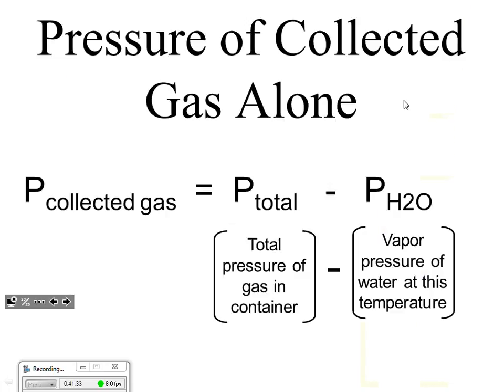So if I manipulate my equation, my total pressure minus my vapor pressure of water will give me the pressure of the gas.